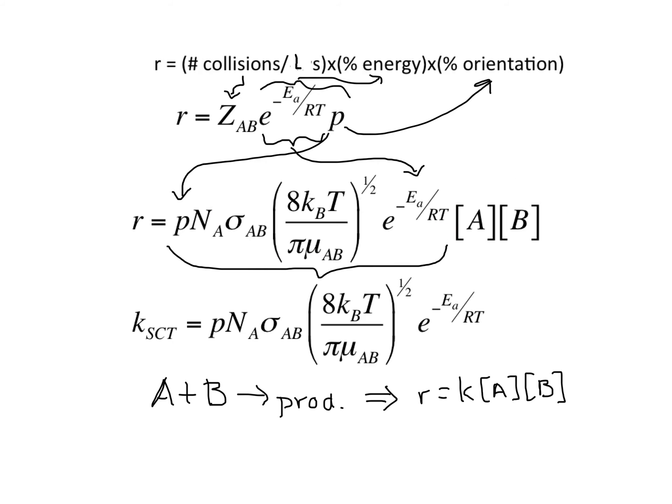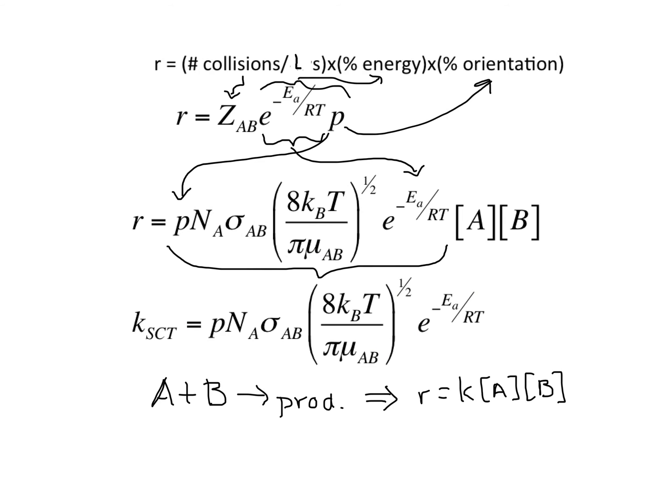And so my simple collision theory rate constant is equal to a steric factor times the collisional density divided by the reactant concentrations times the fraction that have enough energy to react.